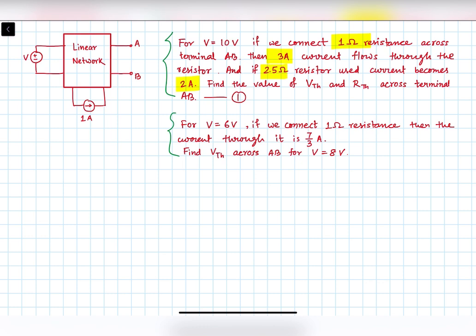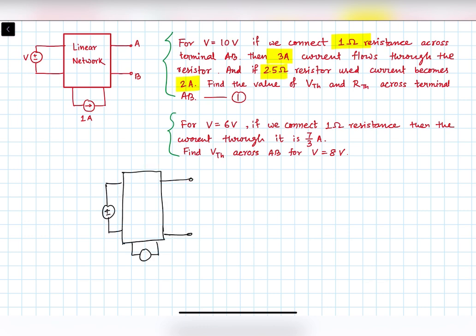As you can see in this question, we have a linear network and there are two sources. One is this voltage source, and the other, here in the bottom, is a current source. Now since the voltage value of 10 volt is given, we can assume that it is not going to change.